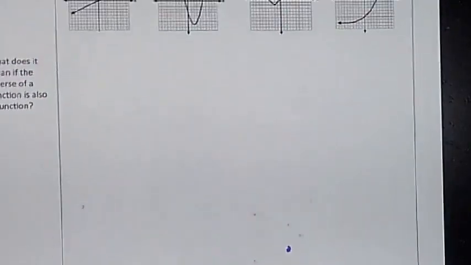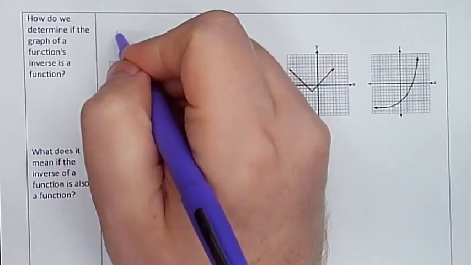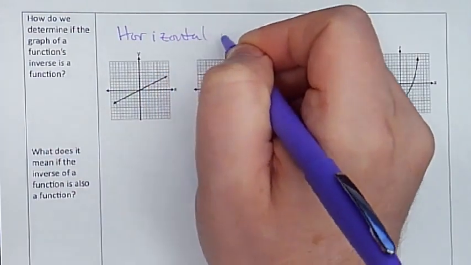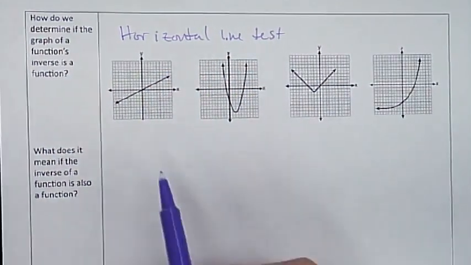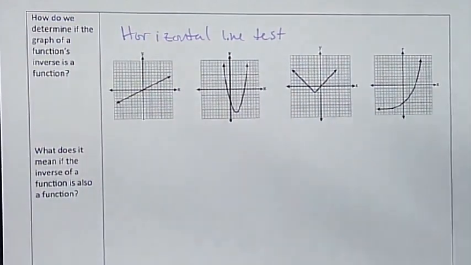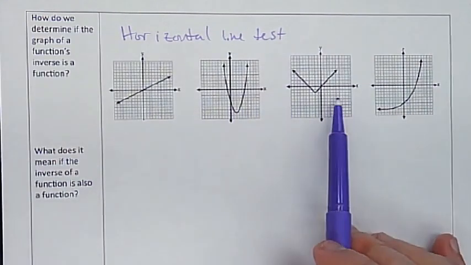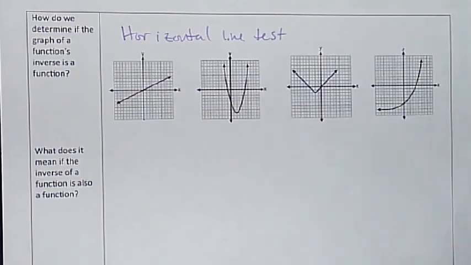So if we look at the 4 examples we have here, we're going to try what we call the horizontal line test. Now, all 4 of these graphs are functions. You can quickly do a scan and say, nope, I wouldn't be able to draw a vertical line that crosses multiple points. So we know that these are functions, but now we're going to use the horizontal line test to determine if its inverse would also be a function.